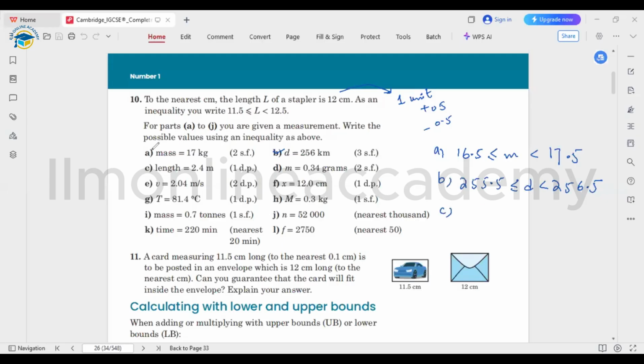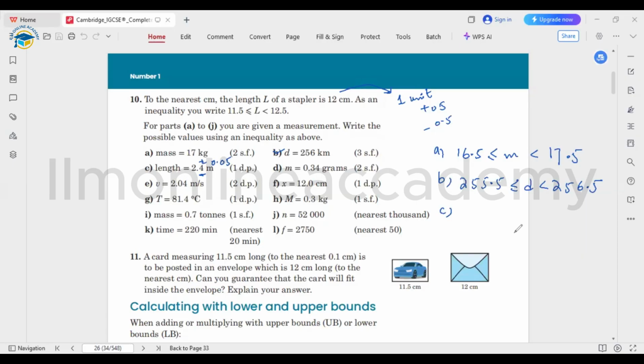Okay, next is C. Length, they gave us 2.4 meters. As they gave us a one decimal place number, we can check from 2.4. If I subtract according to one decimal place, here we need to add or subtract 0.05. Okay.